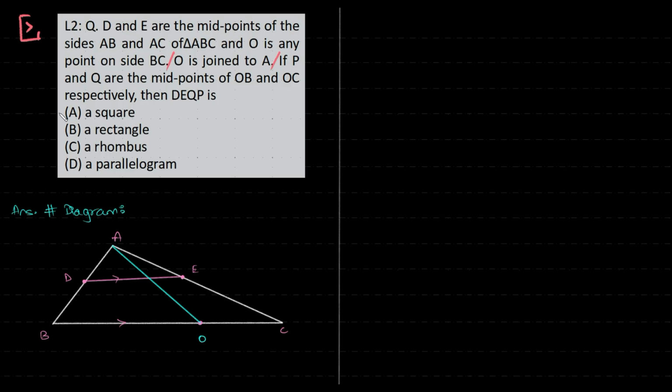Then P and Q are the midpoints of OB and OC. So the midpoint is somewhere over here, and this is the midpoint over here, and we need to join this.